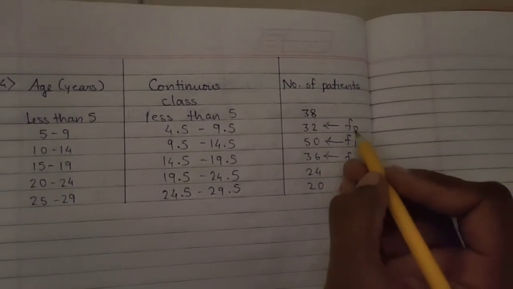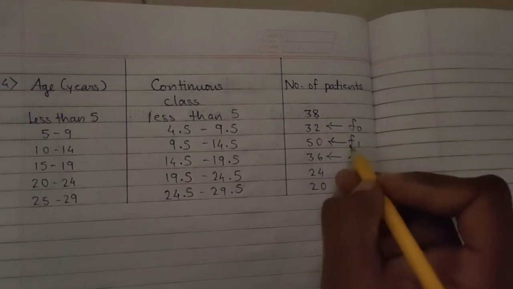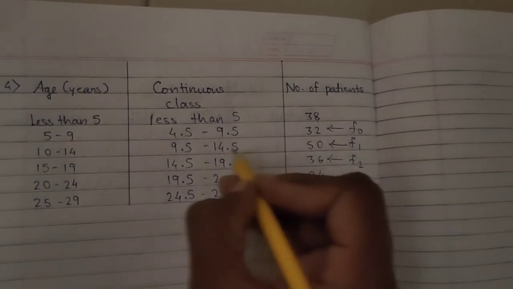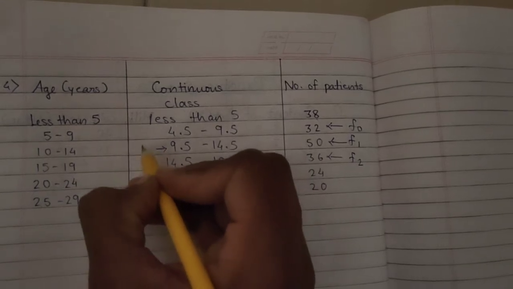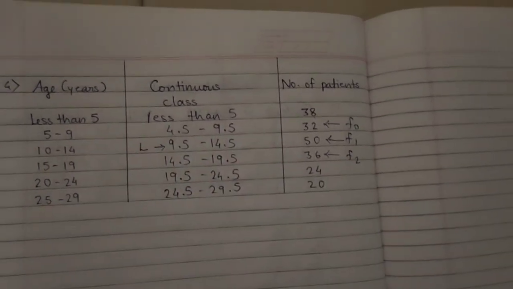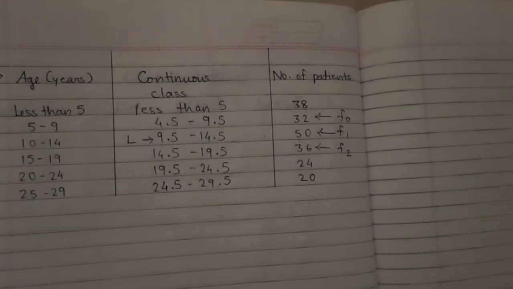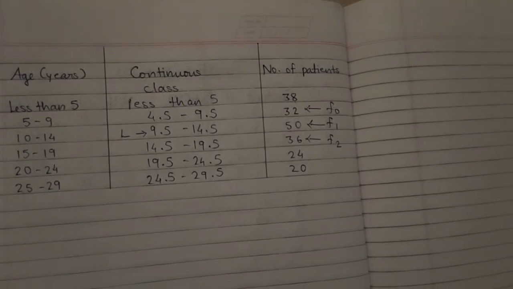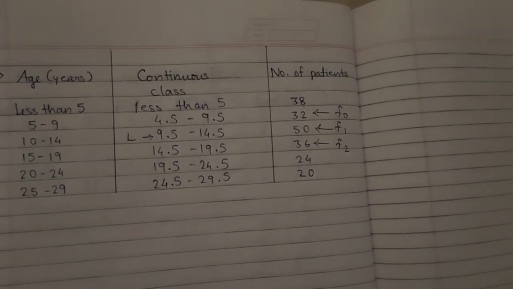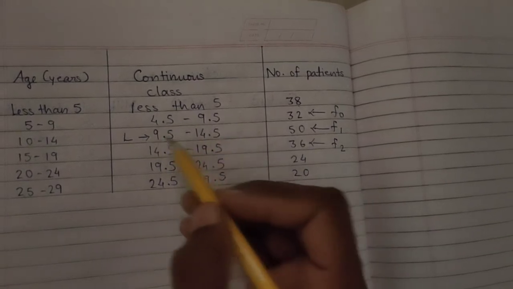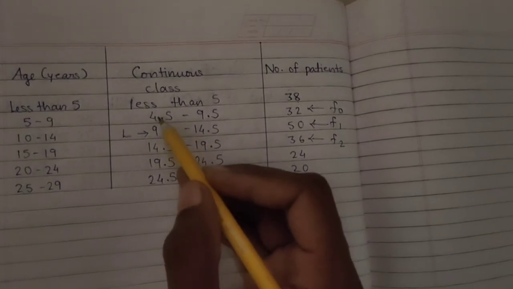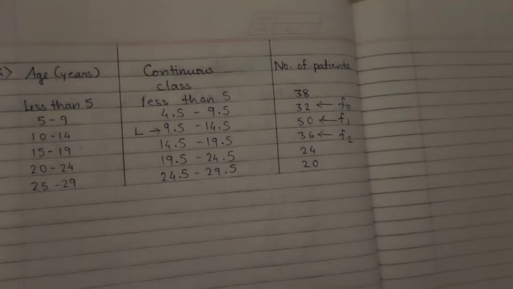What is the lower boundary of this? You have to see the lower boundary of the continuous class. So now you have L, F0, F1, F2. Okay, and what will be your H? Find the difference between any two, lower or upper. 9 minus 4 gives you 5. So your H value is 5.